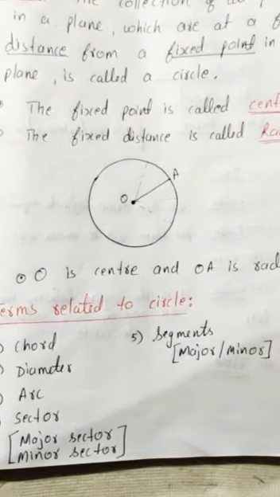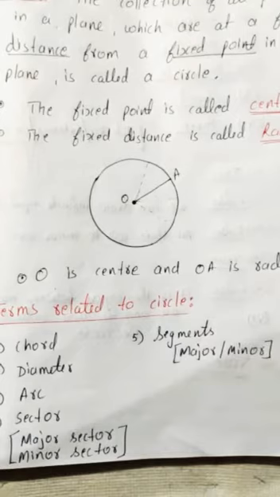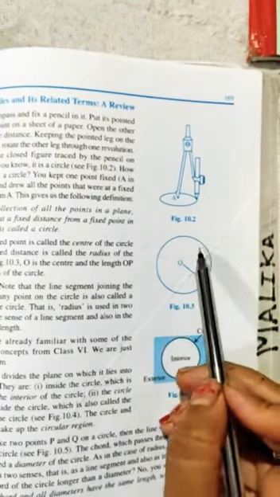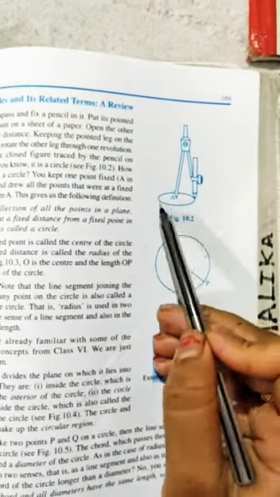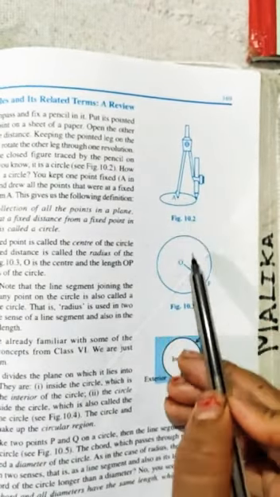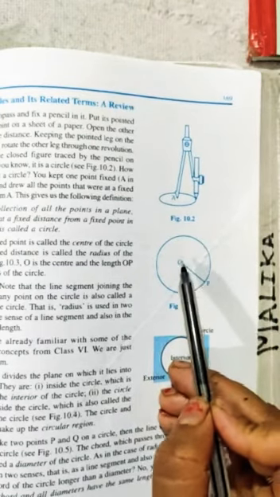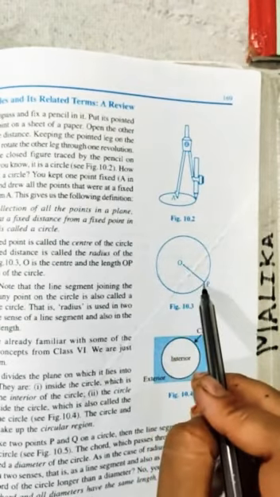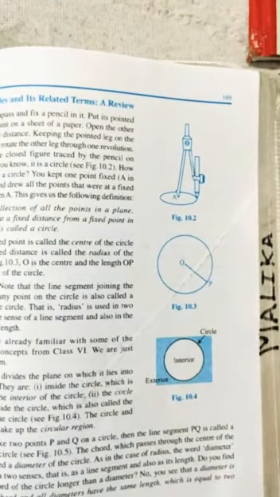Now we'll go through these definitions quickly. You can see over here, this is the locus, the collection of all points we are making, and this is called a circle. This is the fixed point, O is the center, and this OP, the fixed distance, is called the radius.